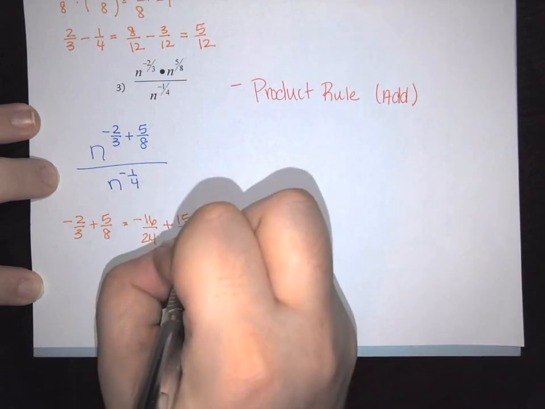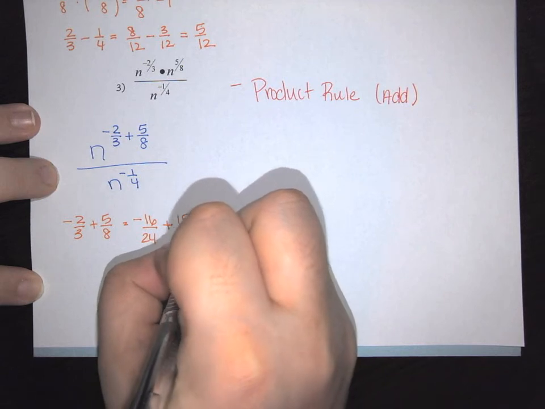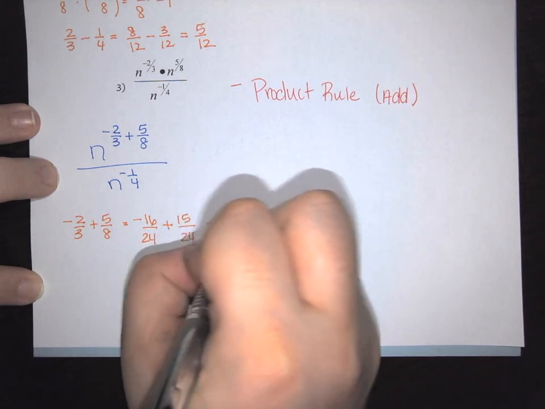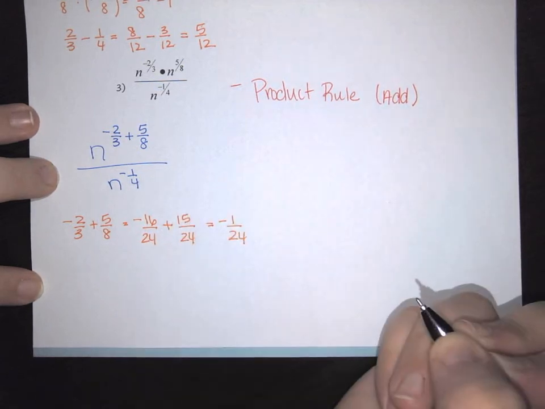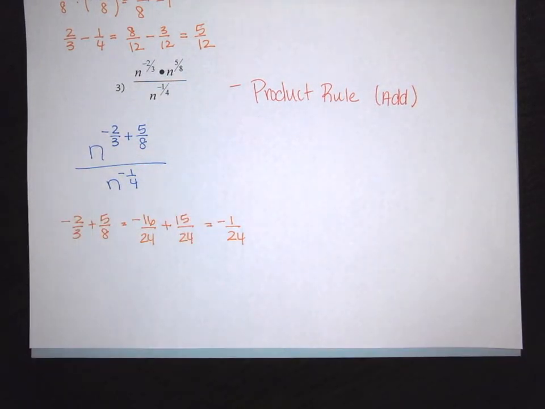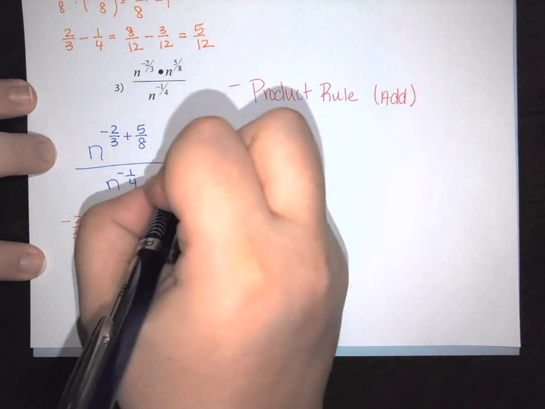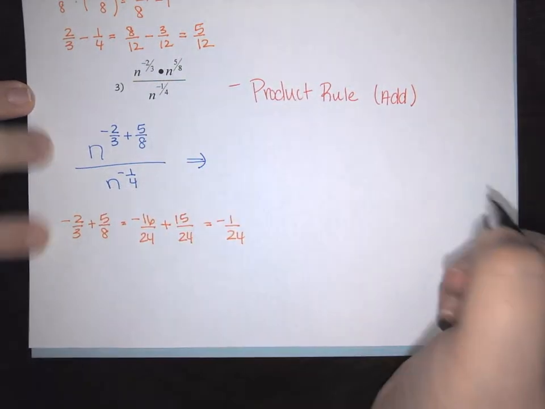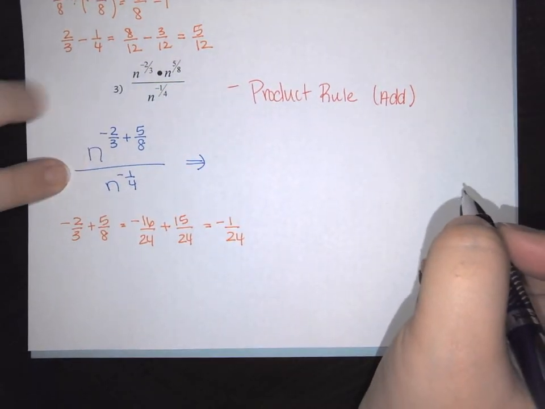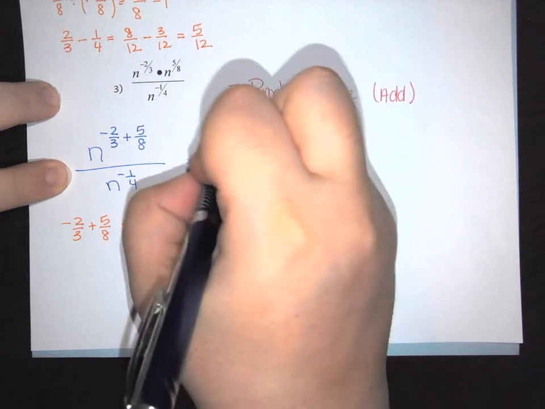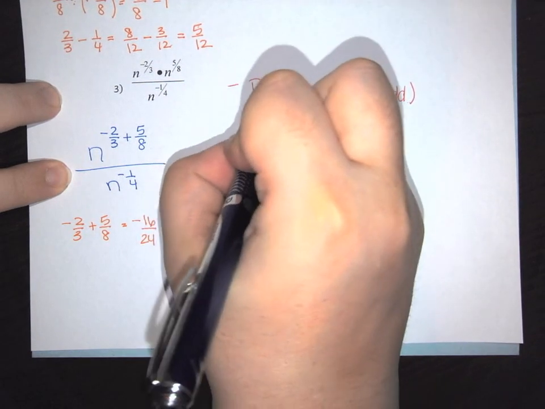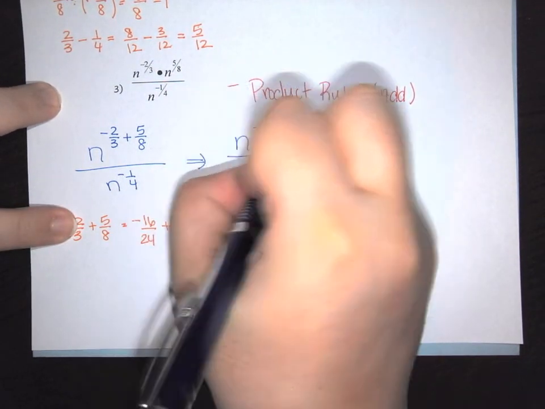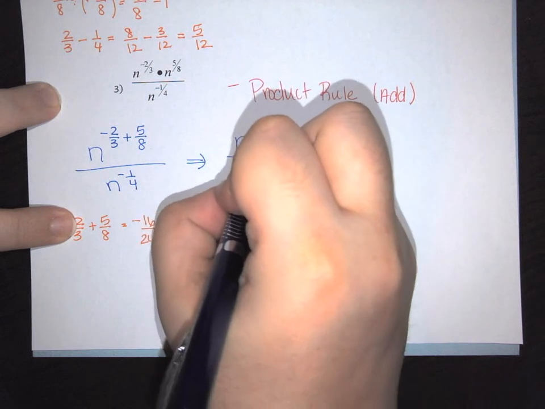And in this case, we're going to end up with negative 1 over 24. So when I rewrite my term, I'm going to end up with n to the negative 1 over 24 divided by n to the negative 1/4.